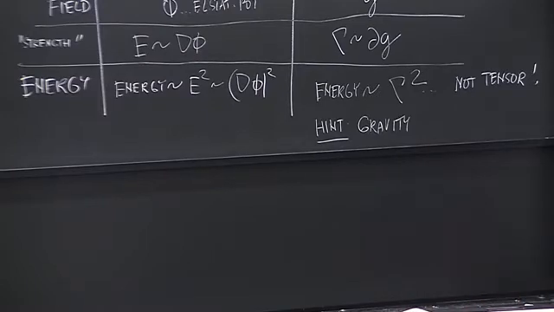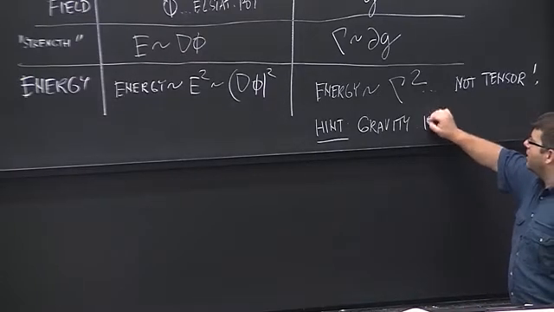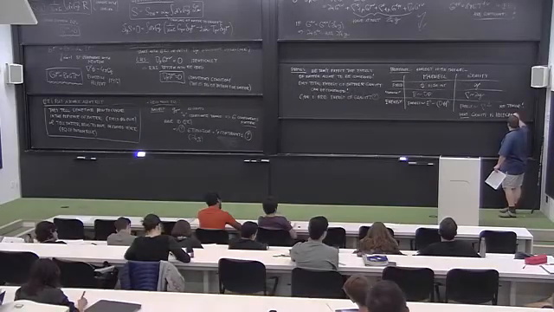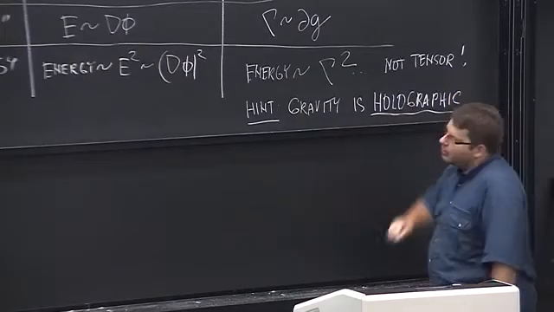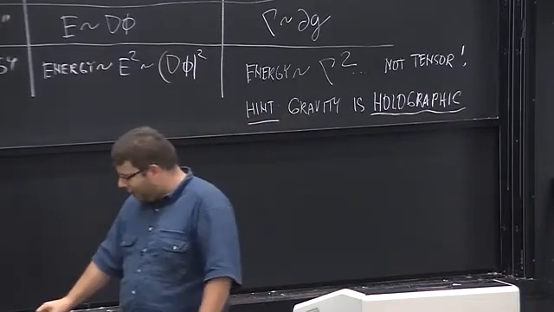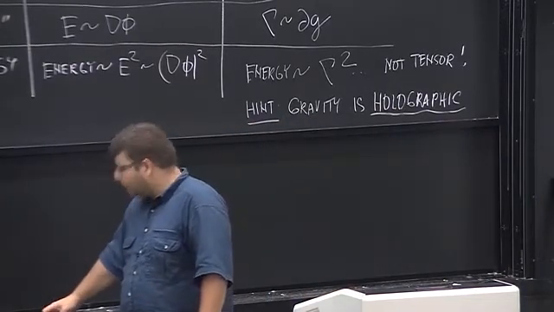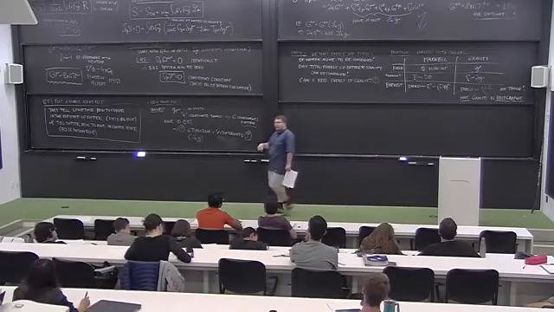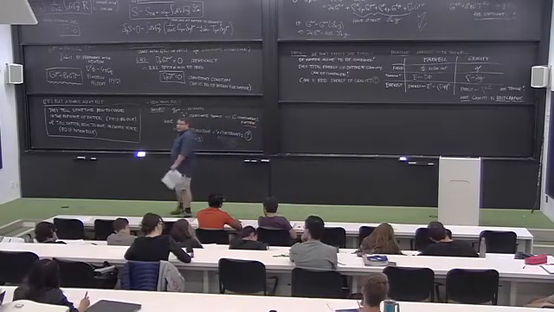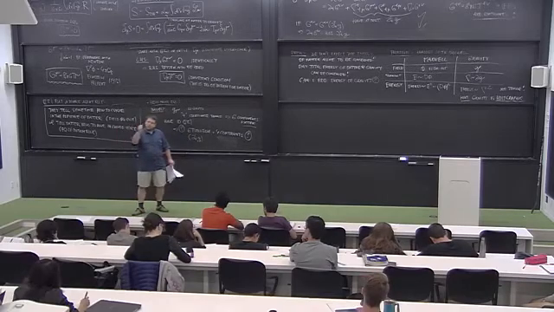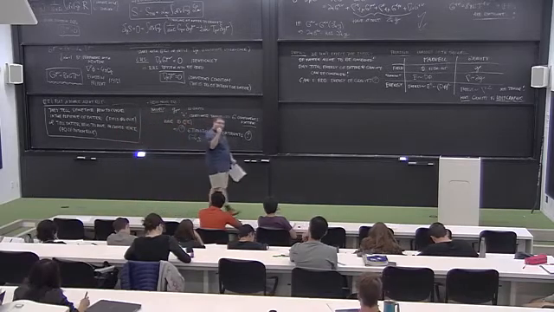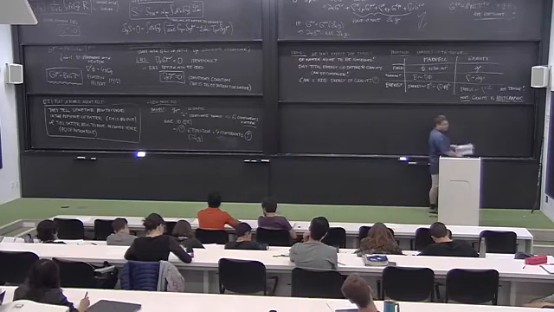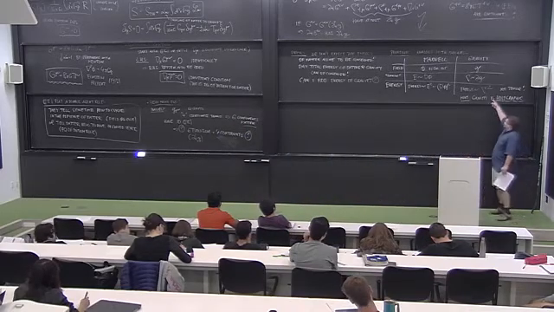The gravitational energy cannot be localized, and gravity is, as you have probably heard, holographic. You just cannot localize the gravitational energy because this is not a tensor.